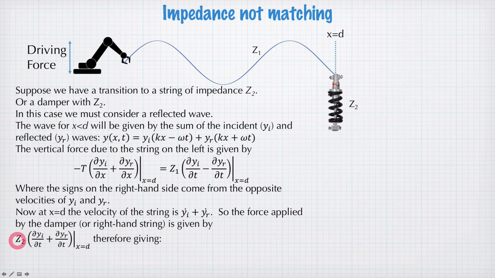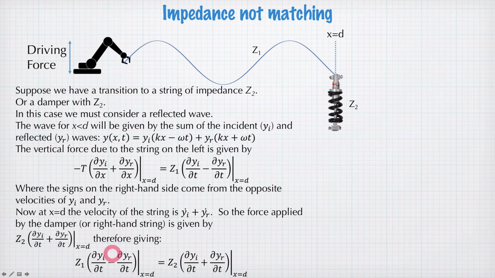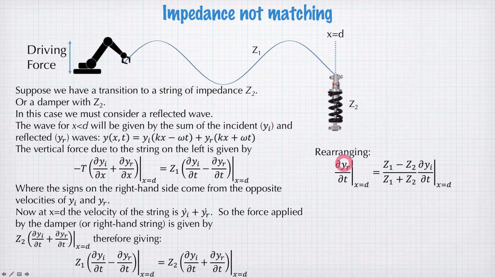But we know that the force applied by the damper must be equal to the force in the string. So that means this part here, proportional to Z1, must be equal to this part here, proportional to Z2. Rearranging, we can find the velocity of the reflected wave is equal to this fraction given with the impedances multiplied by the velocity of the incident wave, and integrating, we find that the reflected wave amplitude is given by some ratio of the impedances multiplied by the incident wave amplitude.